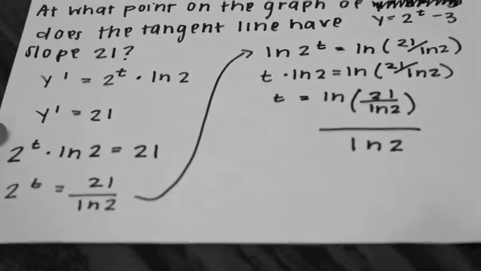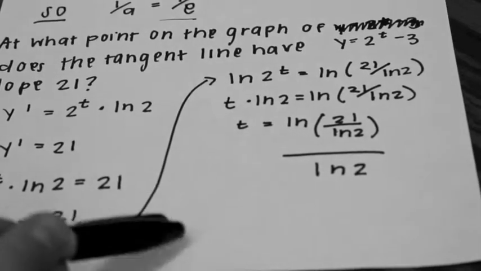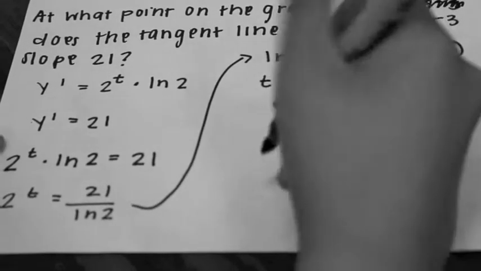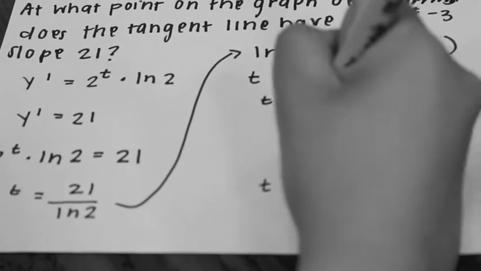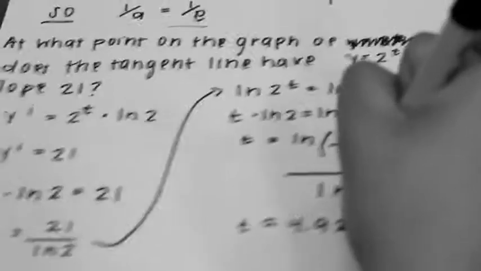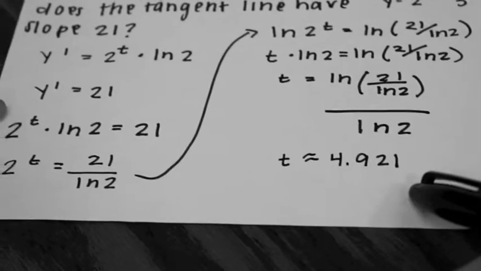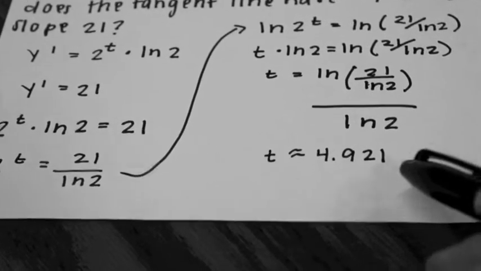You'll want to take your calculator, plug this all in, make sure you use your parentheses correctly, and you should get the value of t, so approximately 4.921. So that's the point on the graph where the tangent line has slope 21.